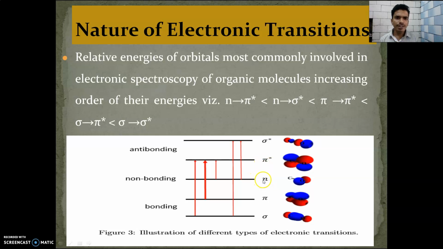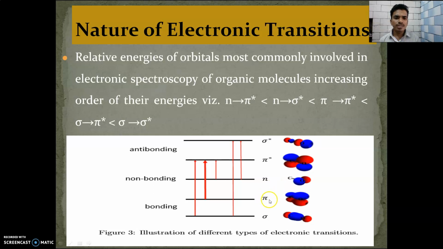If a non-bonding orbital is there, it can also be excited to sigma star. So this is the ground state for the non-bonding n, and the excited state is pi star or sigma star, depending on what type of transition takes place from the specific non-bonding orbital.